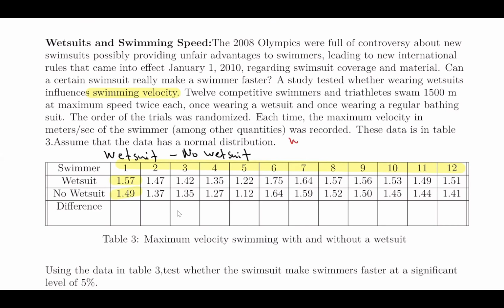If I do wetsuit minus no wetsuit, you should get a positive number if wetsuit is bigger than no wetsuit. If wetsuit minus no wetsuit is negative, that's wetsuit less than no wetsuit.